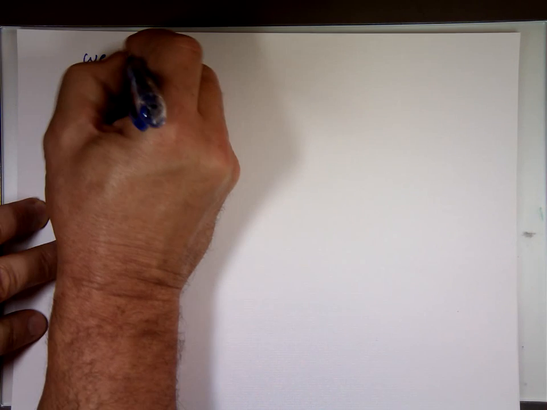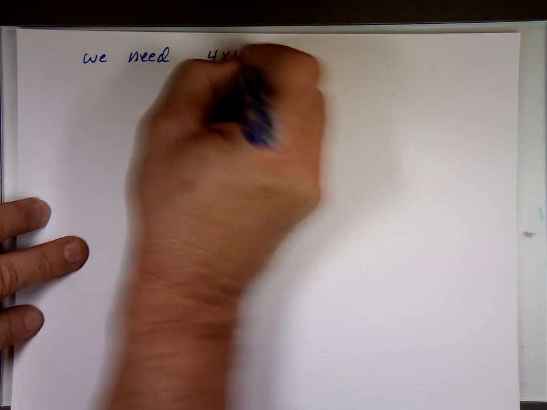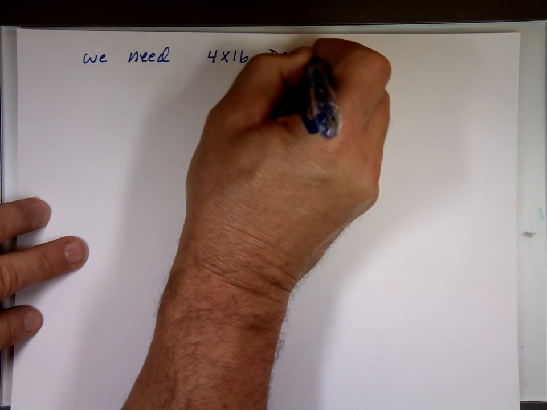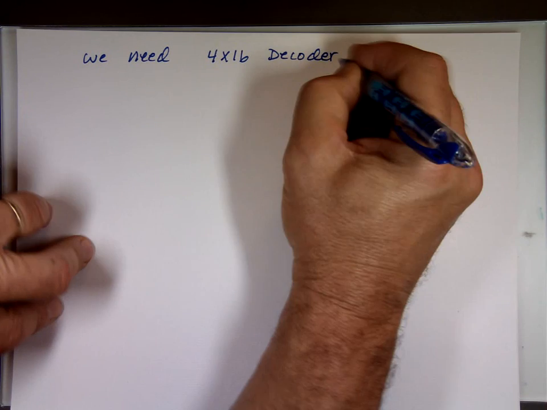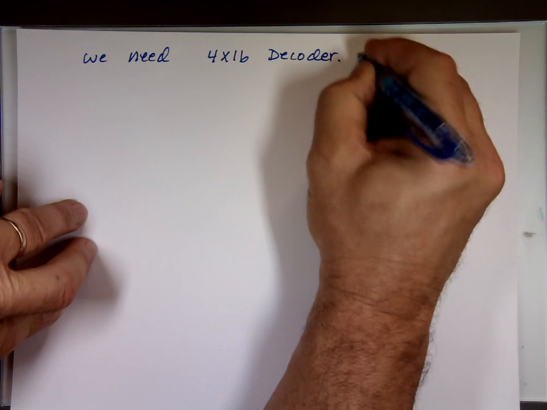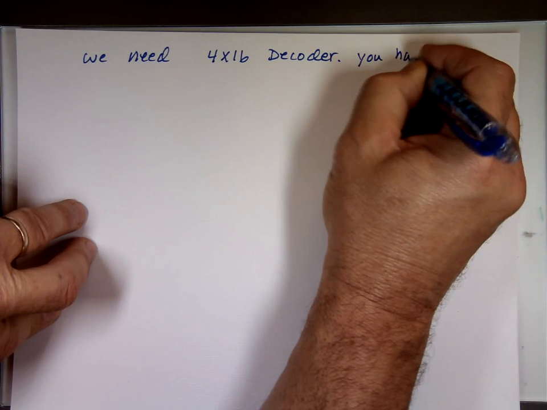Another example, we need, here we go, a 4x16 decoder. But you have only 2x4 decoders, only.